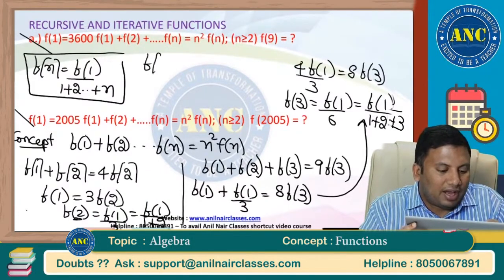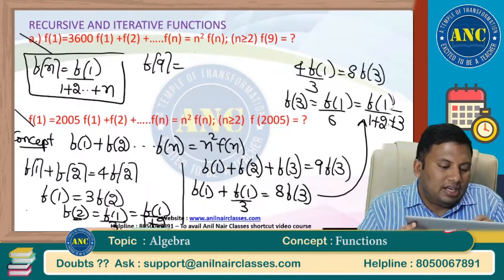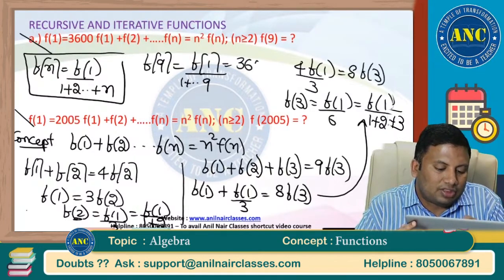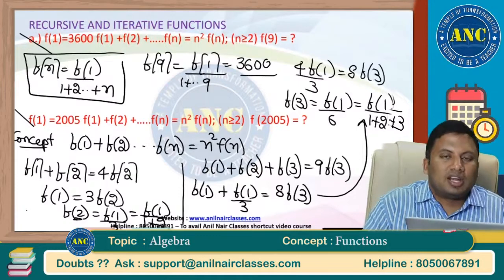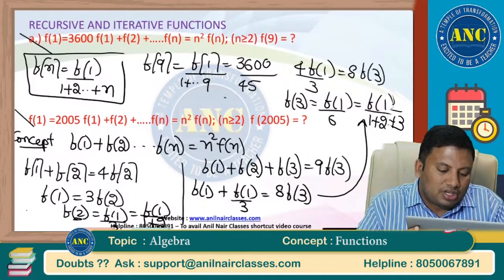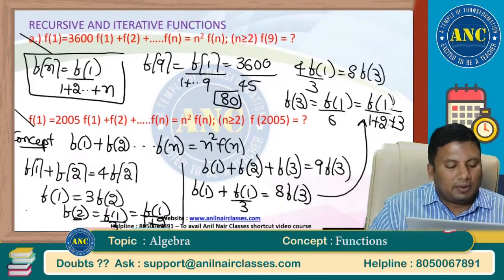So for n value 9, f of 9 is nothing but f of 1 by summation 9, 1 plus 2 and so on up to 9. F of 1 is 3600, summation 9 is 9 into 10 by 2, 45, which is nothing but 80. First one, answer is nothing but 80.